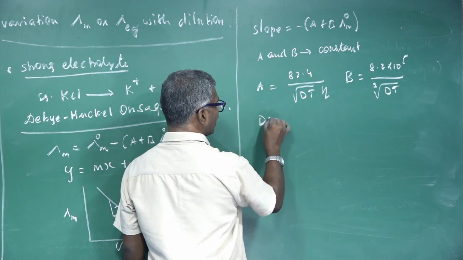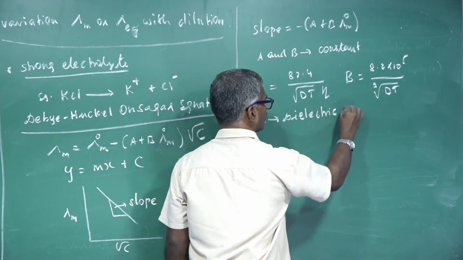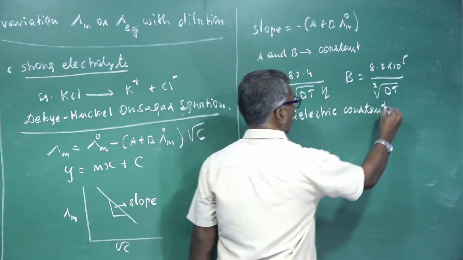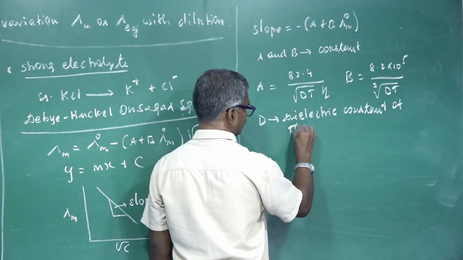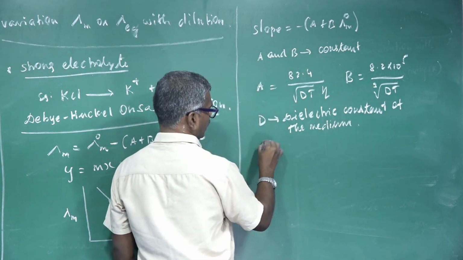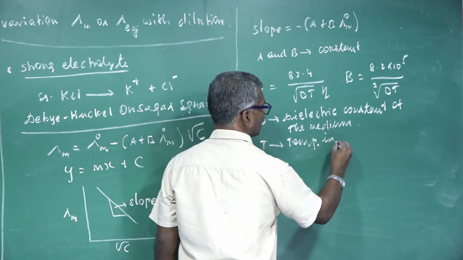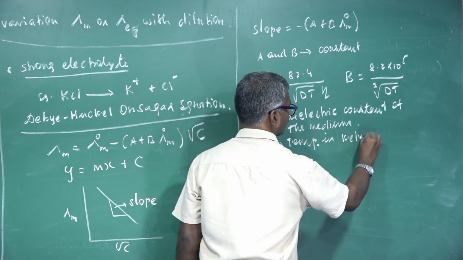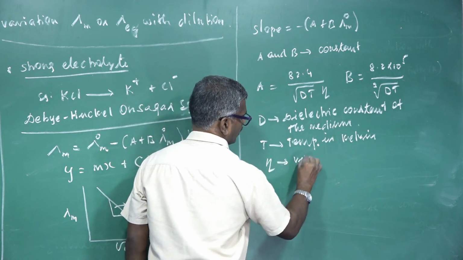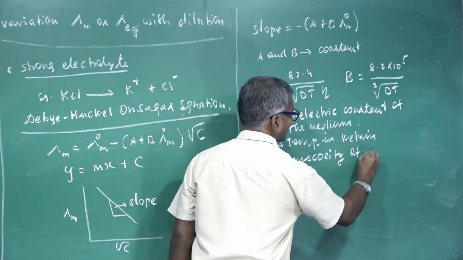Here D is the dielectric constant of the medium, T is the temperature in Kelvin, and eta is the viscosity of the medium.